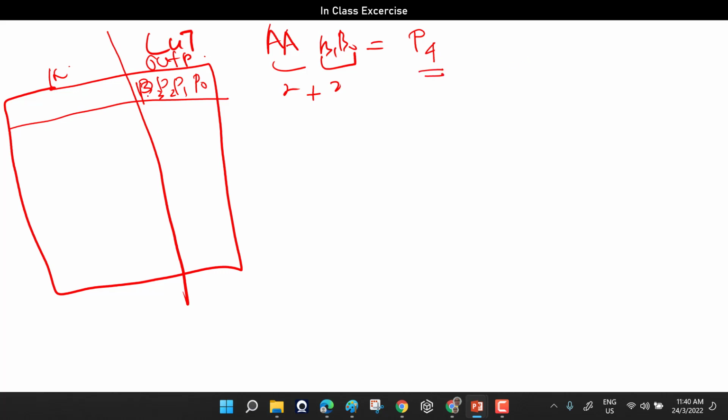Tapi saya guna P3, sebab P ni, I am representing it from P0, P1, P2, P3. Okay. Dia still 4 bit. Tapi dia guna notation sampai 3. So, this is where the product is, and then for input ni, A ni is 2 bit, A0, A1. B is 2 bits as well, so it is B0 and B1.